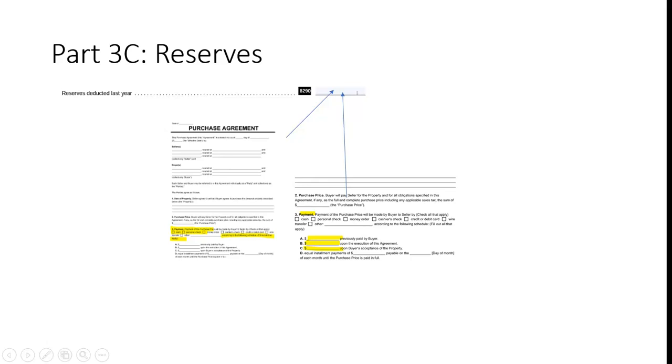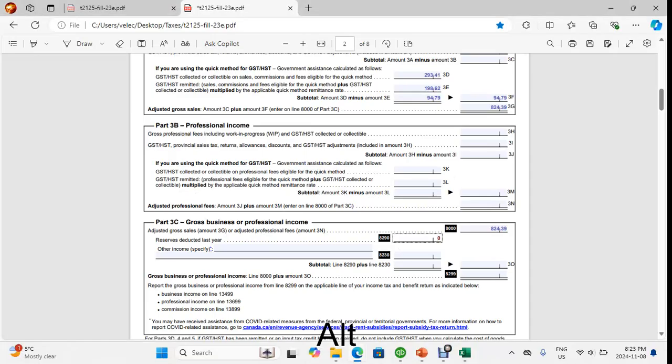If you sell a property and the buyer makes a payment when you sell the property and when the agreement is signed, you will declare both of those payments from last year on your T2125. So these are installment payments. They're paid in installments, whereas a lump sum payment would be a single payment.